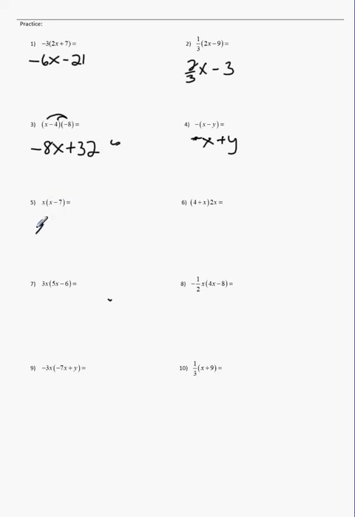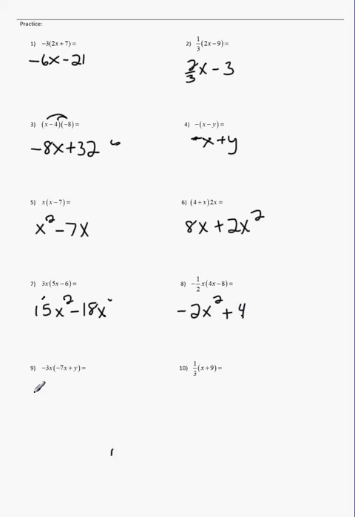Number 5, we should have x squared minus 7x. 6, we should have 8x plus 2x squared. Number 7, 15x squared minus 18x. 8, -2x squared plus 4. 9, 21x squared minus 3xy. And number 10, 1/3 x plus 3.